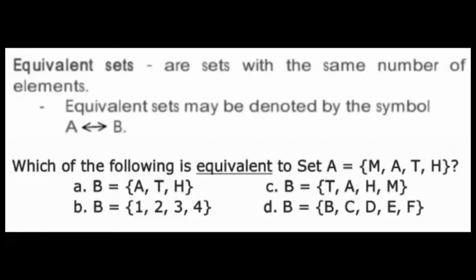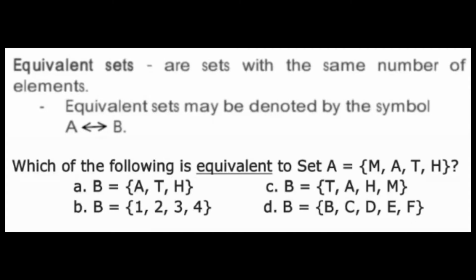Okay. So, here's the example number 2. So, the question is, which of the following is equivalent to set A? So, set A has elements of M, A, T, H. Okay.